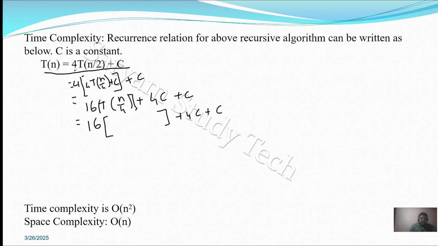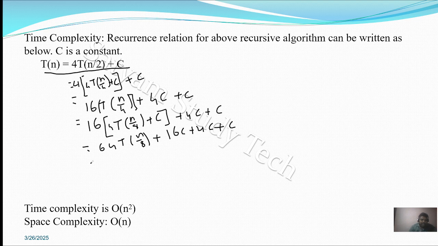Now it is 4T, n by 2 is there, n by 4, now n by 8, plus c. So you can see 16 into 4 is 64T(n/8), plus 16c, 4c, plus c.